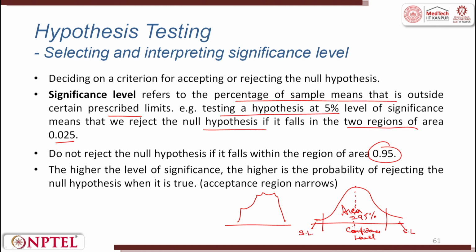If 95% of area is inside, 5% on the outside, that is 2.5% on this side, 2.5% on this side. Here it is a two-tailed test.